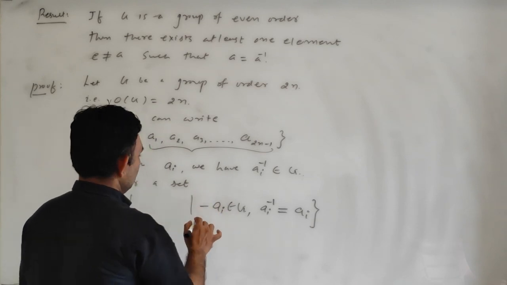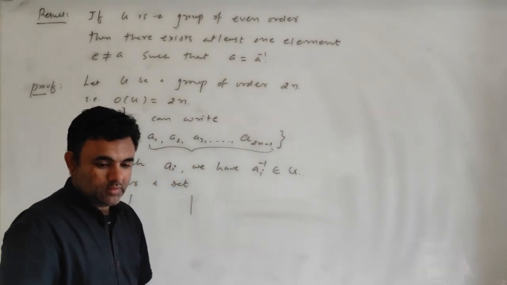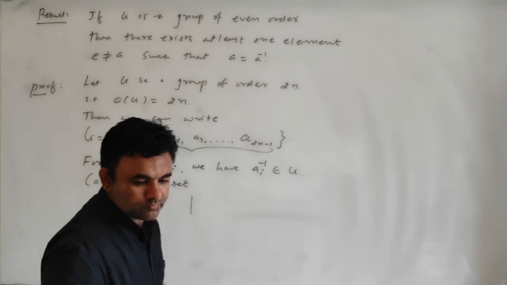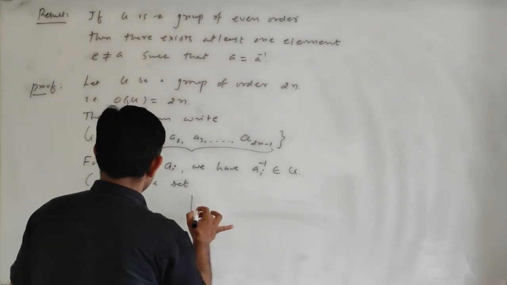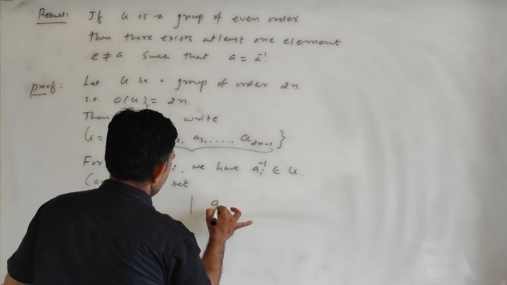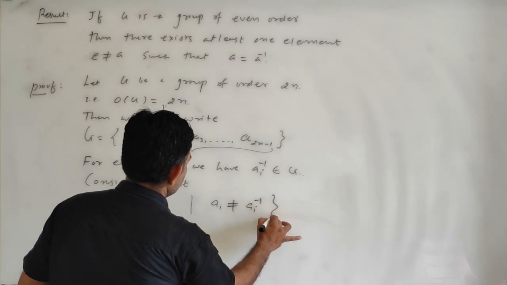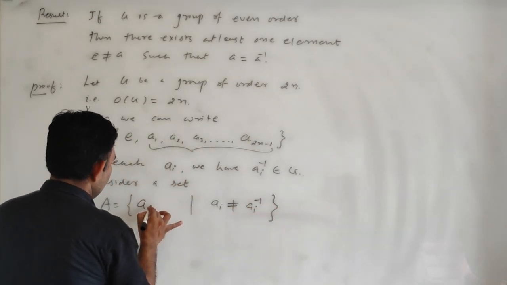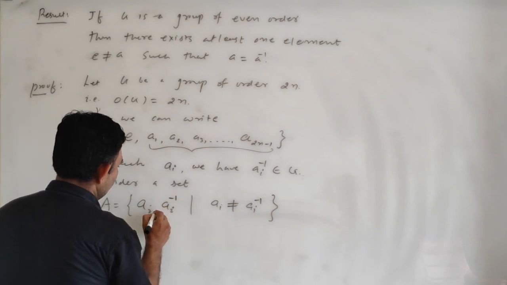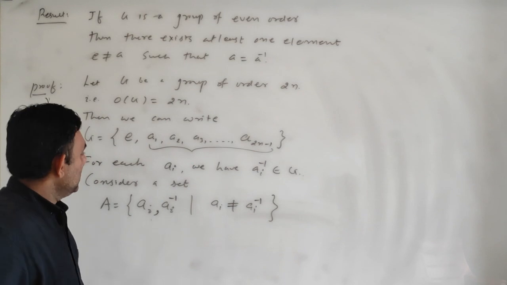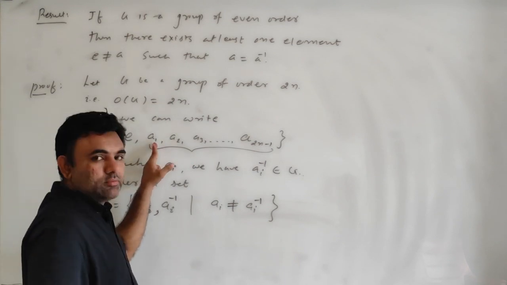Consider a set of Ai where Ai is not equal to Ai inverse, and you list these two elements Ai and Ai inverse, separated by a comma. This is not a product, it is just a comma. See what we are doing. You take A1.